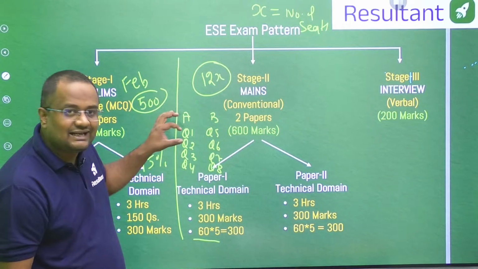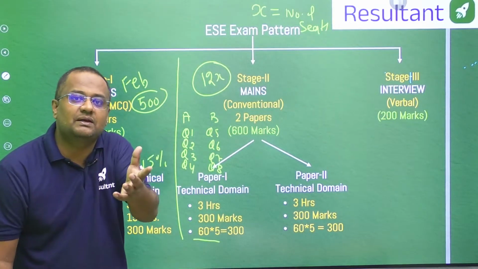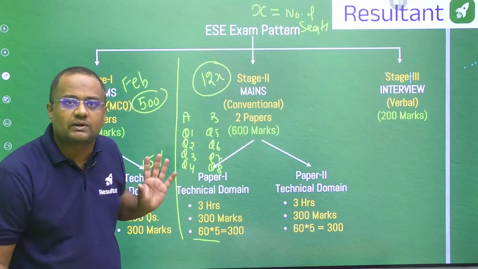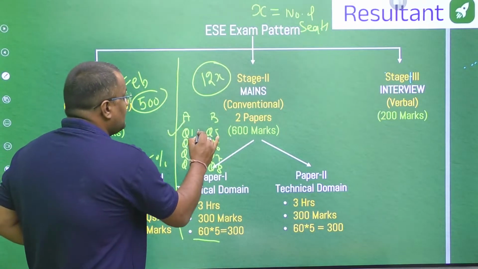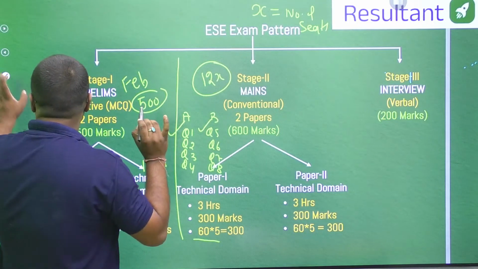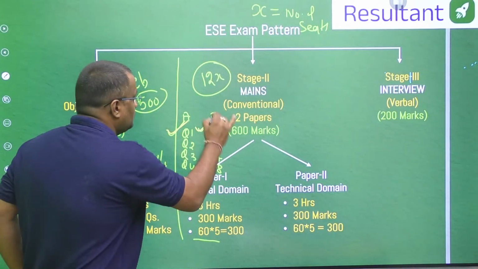But question 1 can carry 4 subparts. Every part may be of 15, 15, 15, 15 or any other combination. Question 2 can have various parts. Out of which, guys, question 1 and 5 are compulsory. Anyhow you have to do these.